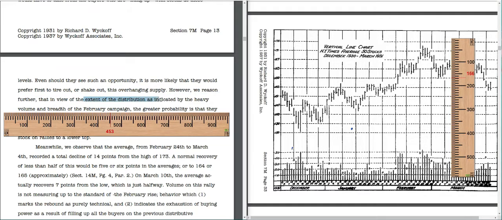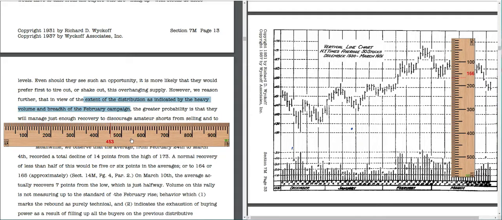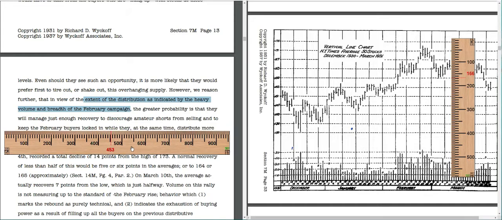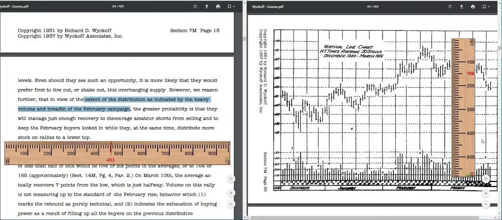You quantify it as indicated by the heavy volume and breadth of the February campaign. The greater the probability is that they will manage just enough recovery to discourage amateur shorts from selling and to keep the February buyers locked in, while they at the same time distribute more on the rallies.